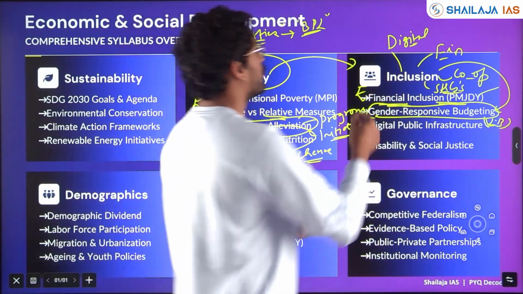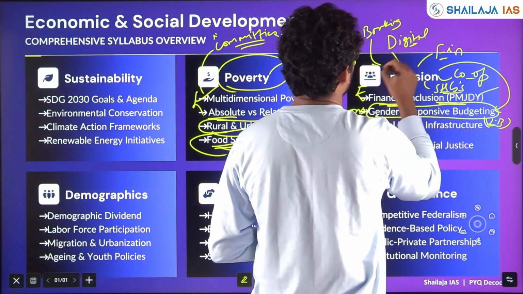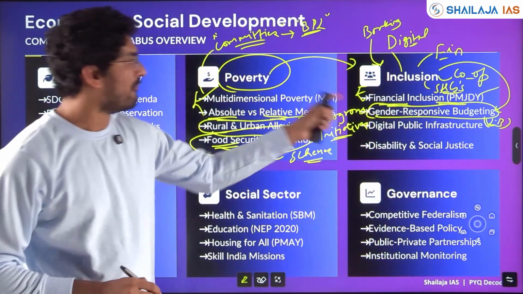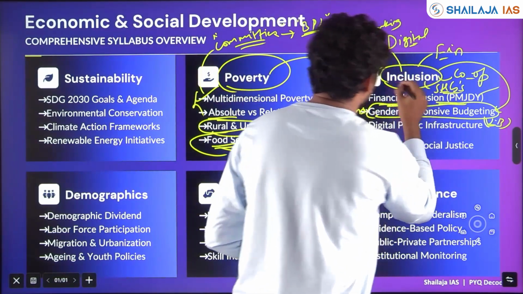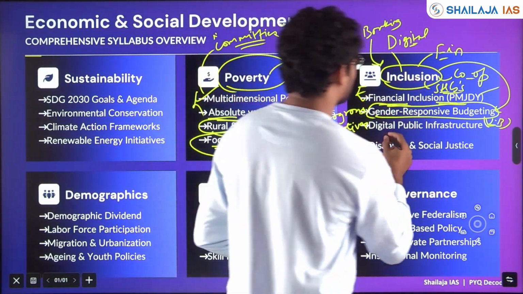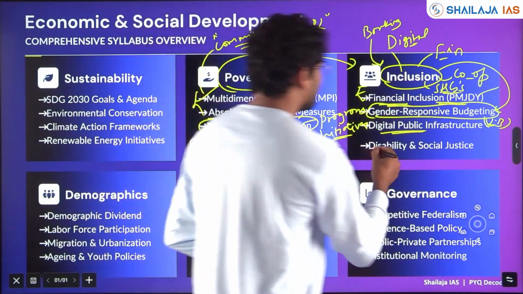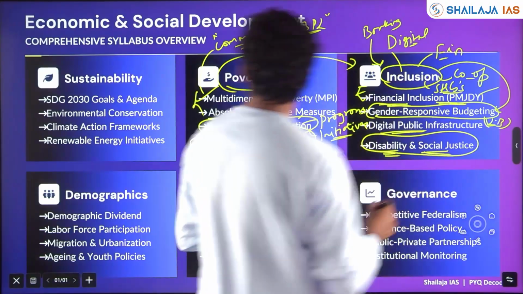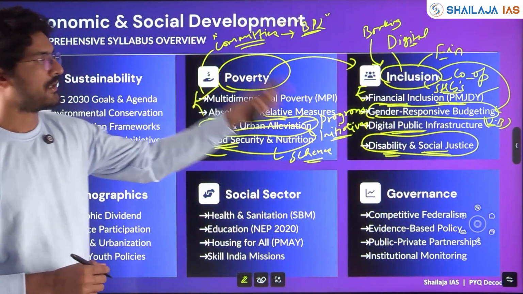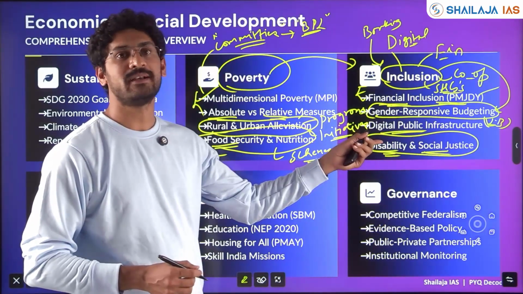In that, inclusion, banking inclusion, credit inclusion, all that becomes very important. Questions are coming on the important theme of inclusion mentioned in the syllabus. Next, DPI, digital public infrastructure, digital inclusion. Then disability and social justice. This is also a very important social development area where cross-linking of economics with social justice might happen.